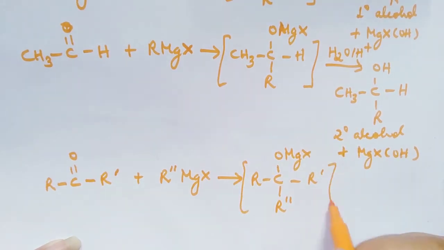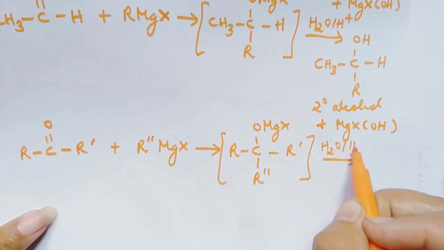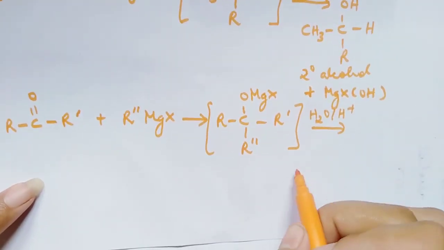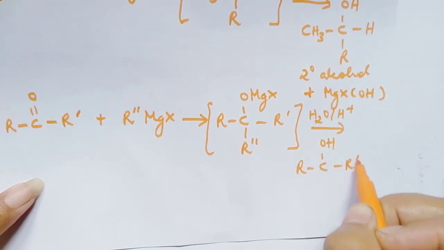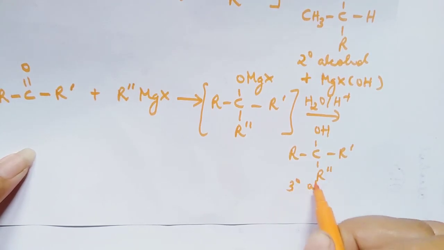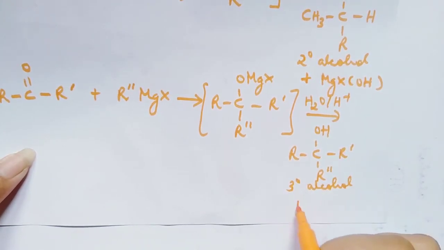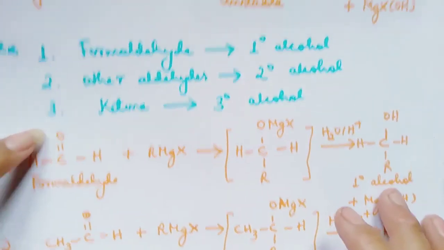It is unstable. Now hydrolyze with dilute acid. Then we have R, C, OH, R prime, R double prime. This is a tertiary alcohol, plus MgXOH.